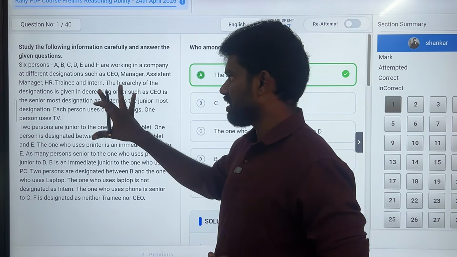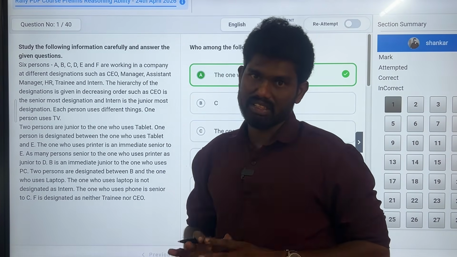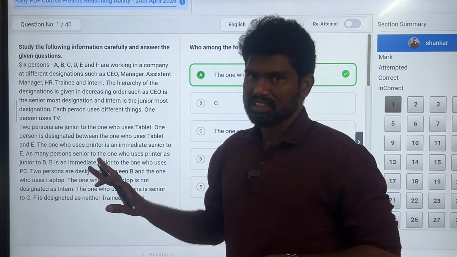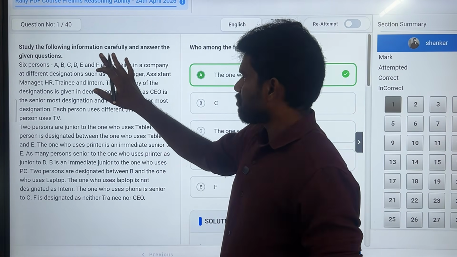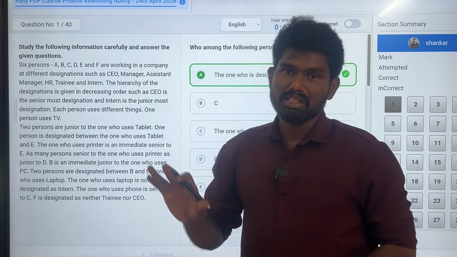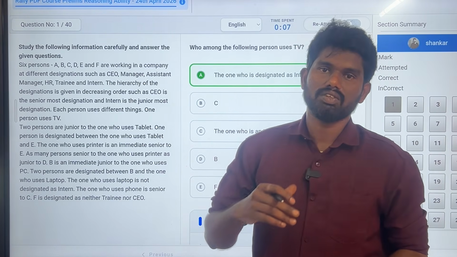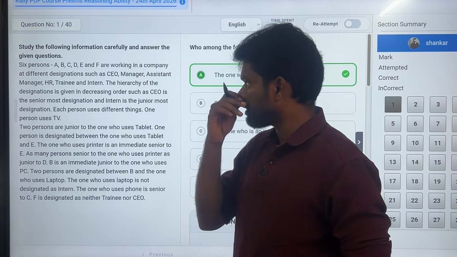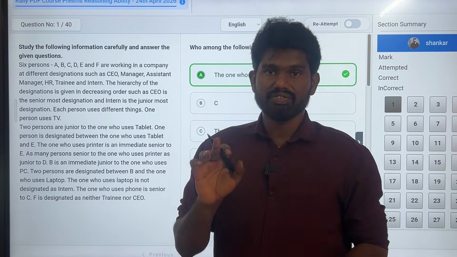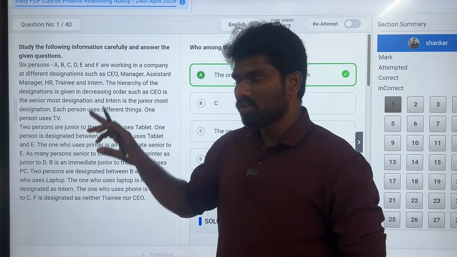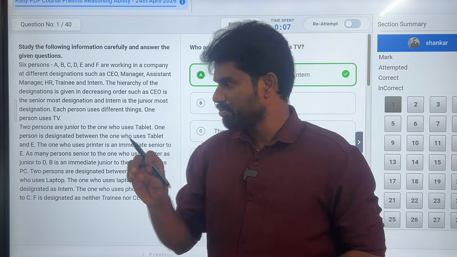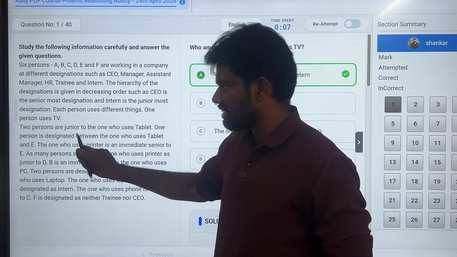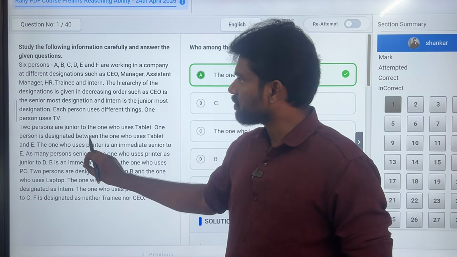This is a destination based puzzle, and it is a real exam based question. If you face this kind of question in the real IBPS exam, always start from the very first statement. Don't start from the statements inside the given information.